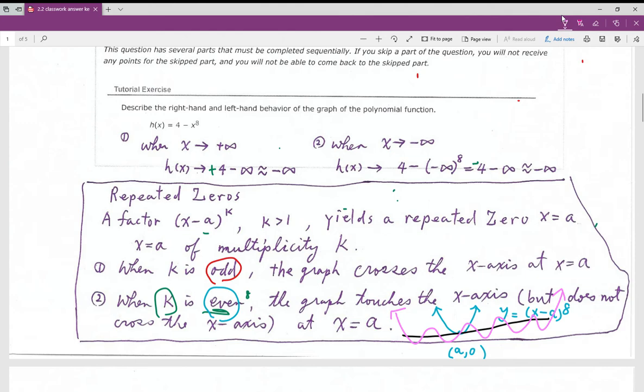So 1, 2, 3, 4, 5, 6, 7, 8. Okay, we're supposed to have 8 x-intercepts, but those intercepts all merge together to become one x-intercept.